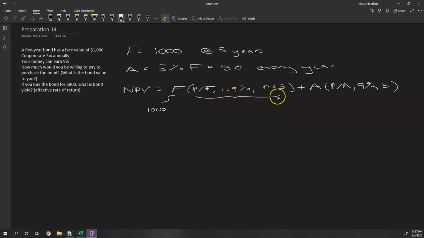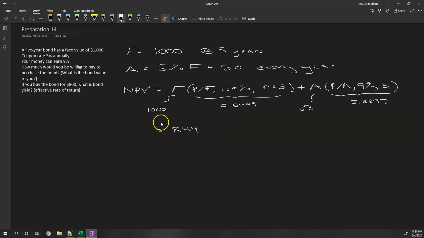This discount factor is 0.6499. This annuity is $50, and this discount factor is 3.8897. You do all that math, you'll get that the NPV is $844.